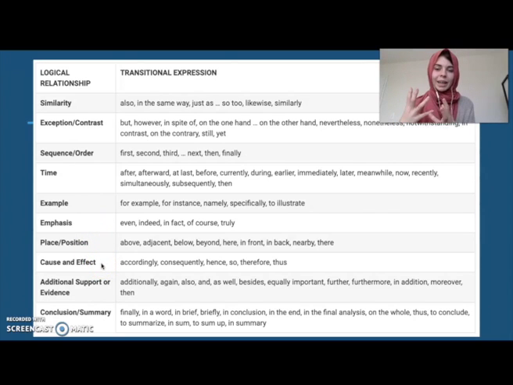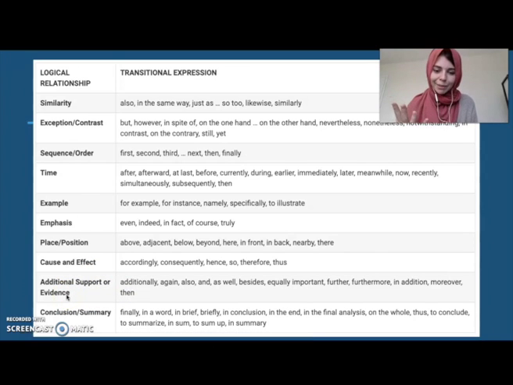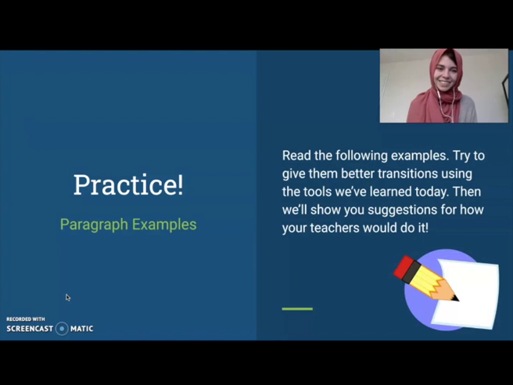So if you're trying to explain the relationship between a situation and what's happening because of it, or things like additional support or evidence if you're trying to make a persuasive argument, and give the reader more information about why your viewpoint is the correct one. So this is a great chart for you to use. I would definitely recommend coming back and referencing this as much as you need to, okay?